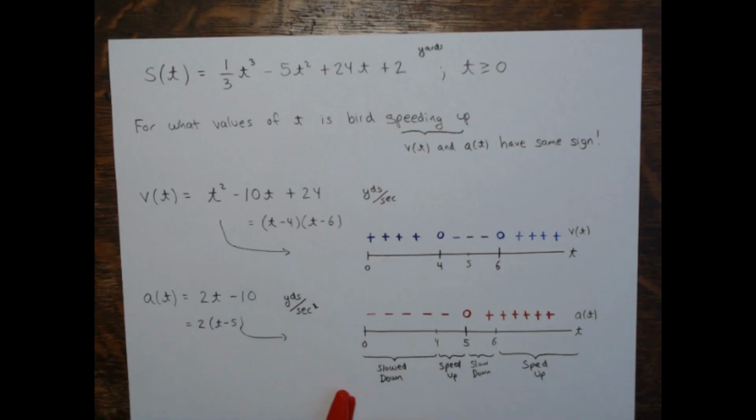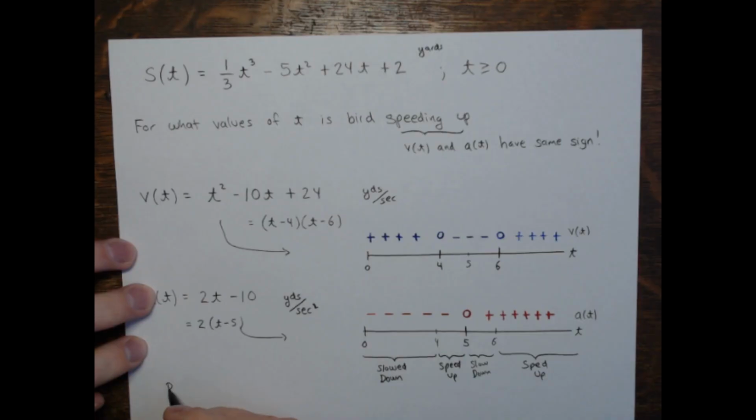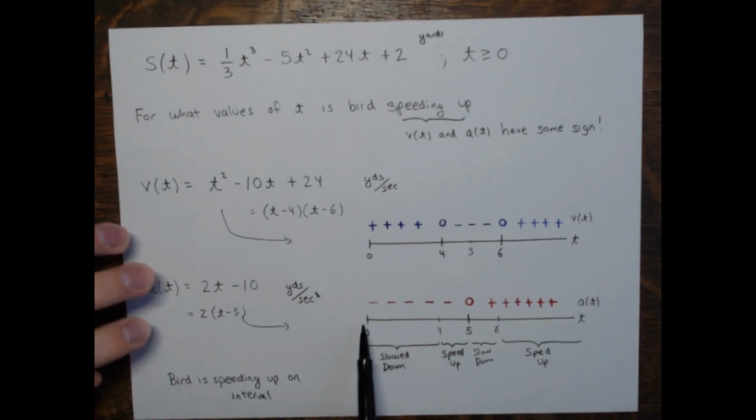So our answer, they ask us for intervals here, interval notation. So I'll write it down here. The bird is speeding up on intervals. And again, it's got to be interval notation.